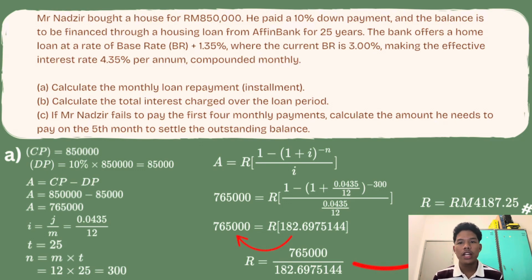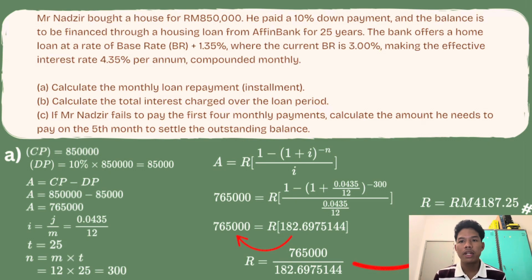I equals J over M, so 0.0435 over 12, and T equals 25 years. N equals M multiplied by T, so 12 multiplied by 25 equals 300.